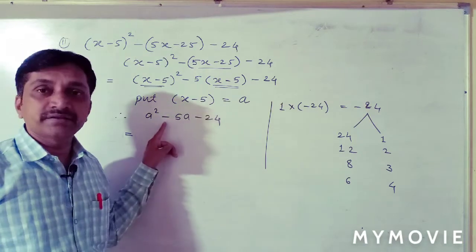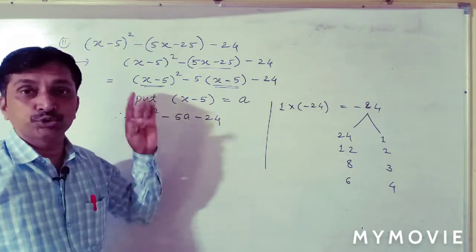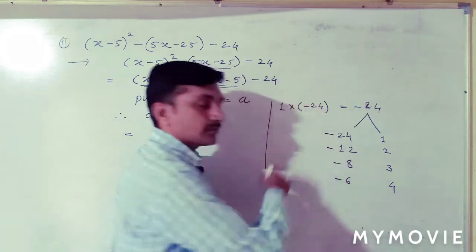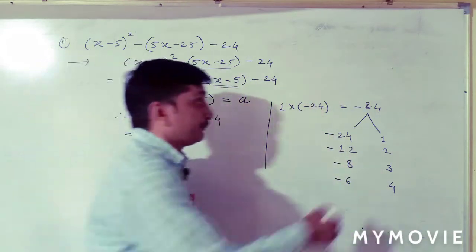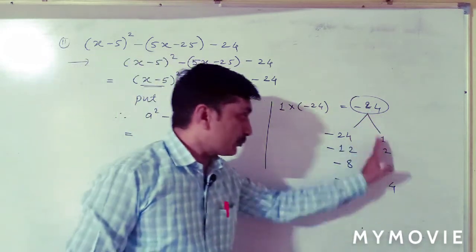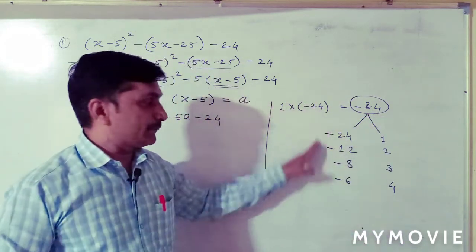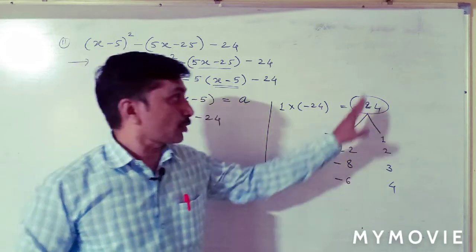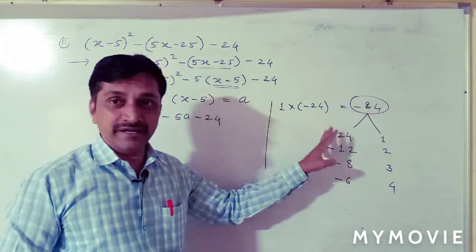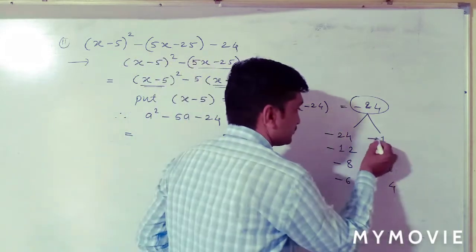The middle term sign is minus, so give the middle term sign to the bigger factor. The bigger factor is this. The product is negative. If the product is negative, the sign of the smaller will be opposite of this. If the product is positive, the same sign here. If the product is negative, then the opposite sign here. Opposite means plus.